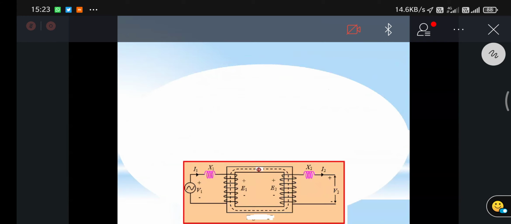Now, the mutual leakage flux always induces some additional EMFs both in primary and secondary, that is EL1 and EL2. Because of phi L1 and phi L2, EL1 and EL2 are present.